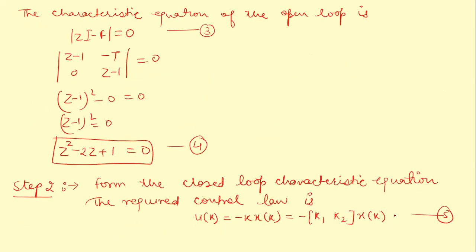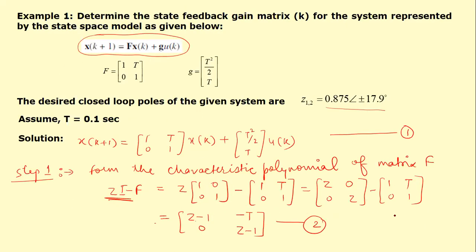We have simply taken the system. Either the matrices F and G are given, or we can obtain these matrices somehow if not given.